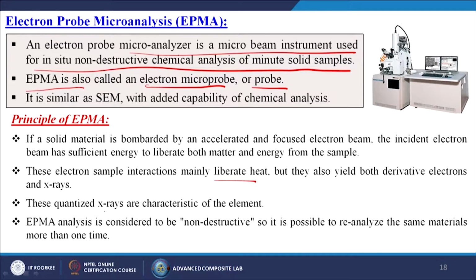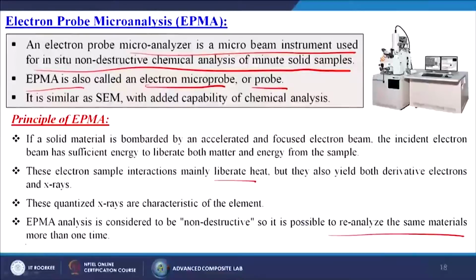The quantized X-rays are characteristic of the element itself. EPMA analysis is considered to be non-destructive testing, because we are not going to harm the samples, or maybe hit the samples or break the samples. So, it is possible to reanalyze the same materials more than one time. That means, several times we can do this testing on the sample itself.